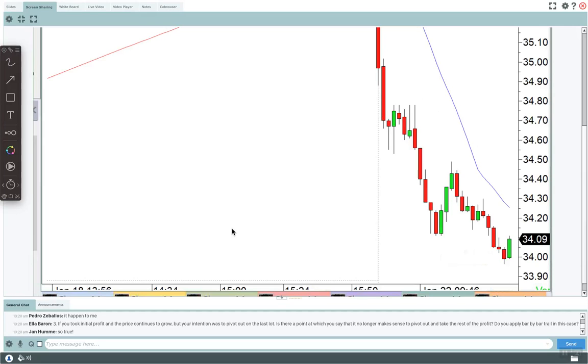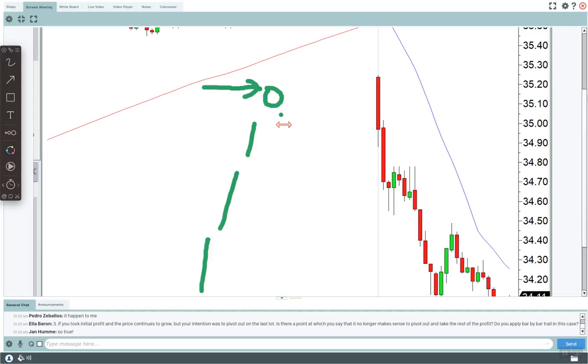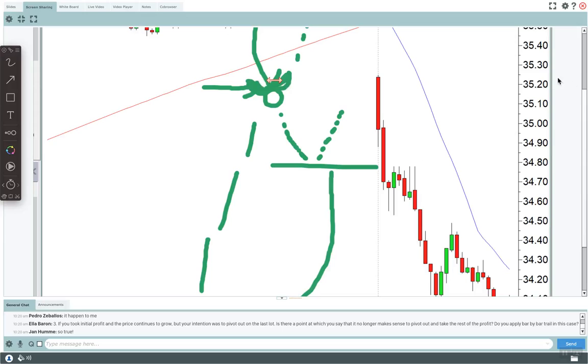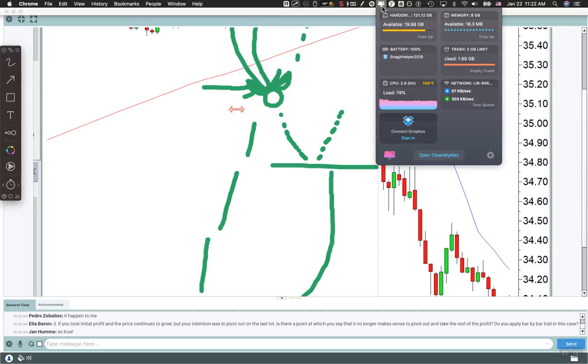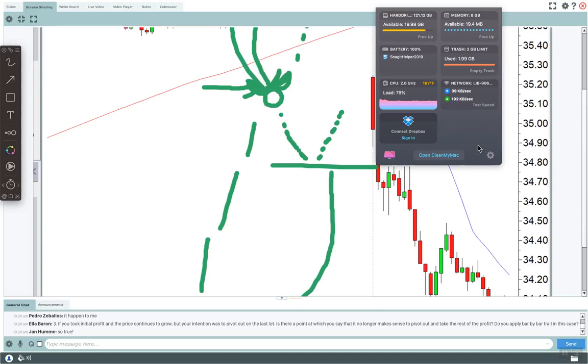What you're asking is, after you take a profit on a run up, you were looking for it to pull back to give you a pivot, and then you were going to move your stop under the pivot, but this keeps going. Can you get far enough where you should take the profit again? Yes. When there's enough distance between your last profit take and you've run another race, yes, absolutely.